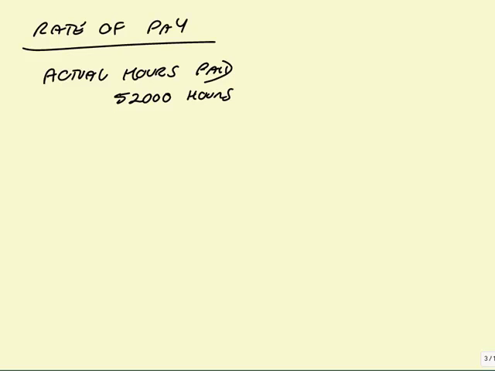What rate did we pay for those hours? We paid $3.20. And so we'll have paid 52,000 at $3.20, which is 166,400. How much should we have paid?